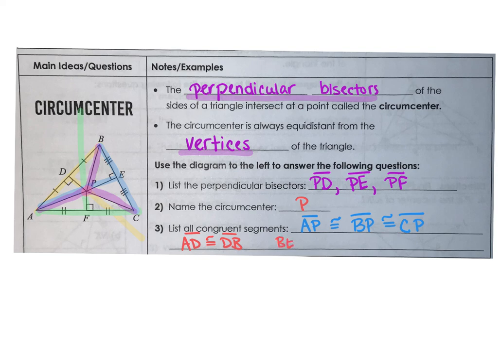From B to E and E to C is also congruent because it is the perpendicular bisector of that one. And then from A to F and F to C is also congruent because that was also the perpendicular bisector. All right?